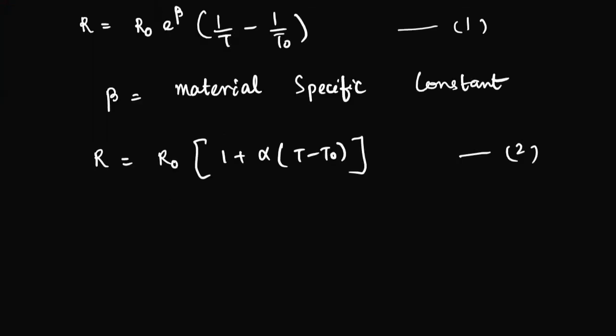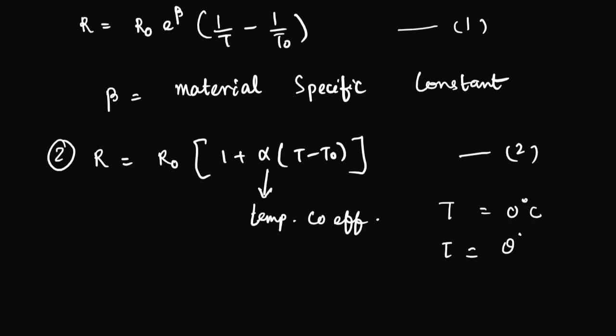Now you can see the second equation. This we already know. This is the temperature coefficient we spoke about in previous classes. R is dependent upon R0 into 1 plus alpha into T minus T0, where T0 is the room temperature or the temperature given at a particular 0 degree Celsius, suppose, and T would be after theta degree increase.